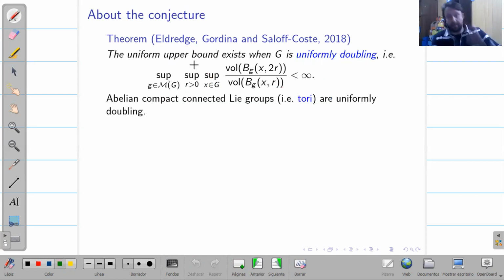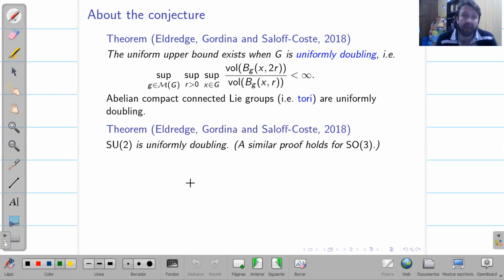And it seems obvious that any torus, any compact abelian connected group, is uniformly doubling because it's locally, geometrically speaking, like Euclidean space. And they prove in the same paper that SU(2) is uniformly doubling, and almost the same proof holds for SO(3).